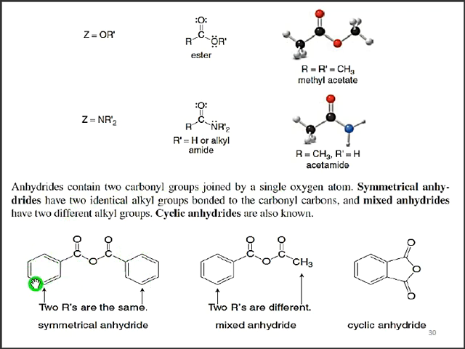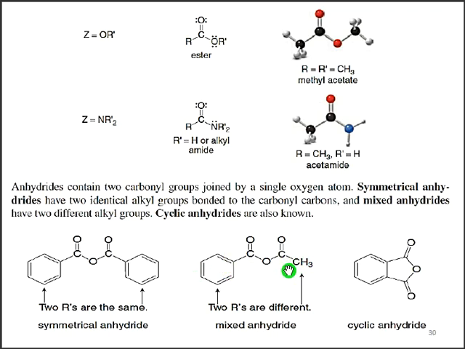It will be symmetrical, meaning this side equals this side if you divide the molecule into two parts. Both have identical alkyl groups bonded to the carbonyl carbon. And we have mixed or unsymmetrical anhydride like this molecule, where the alkyl groups are not identical, they are different.